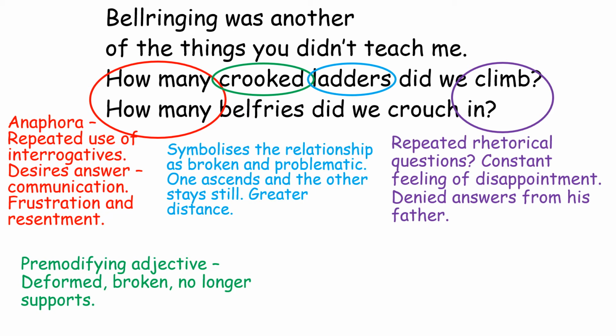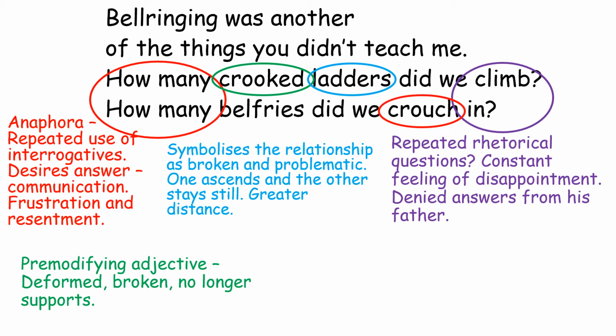He is denied that answer, perhaps because of the lack of communication from his father, or, just like in Humphreys' poem, perhaps this person will never get the resolution they need because the father has now gone and therefore cannot answer those questions. The repeated rhetorical questions give us that sense of accusation. This person is demanding answers because they are angry, frustrated, and disappointed.